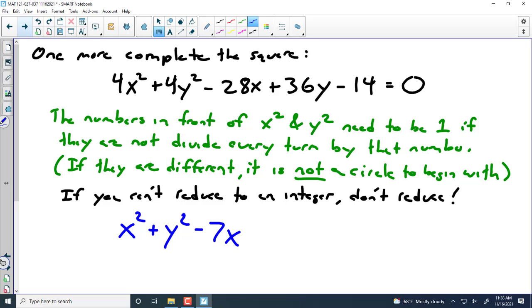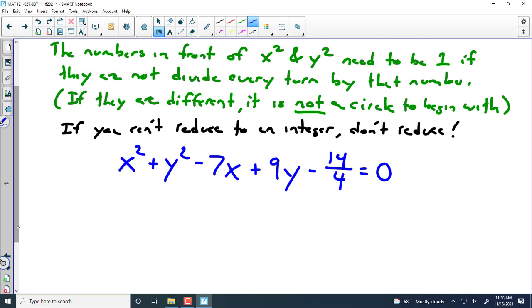We make that negative 7x. 36. Can we divide 36 by 4 nicely? 9. Good. Can we divide 14 by 4 nicely? No. So this is what I mean, everyone. If you can't reduce it down to an integer, don't try to reduce it. I do know I could rewrite that as 7 halves, but it turns out it's going to be in your best interest not to do that usually.